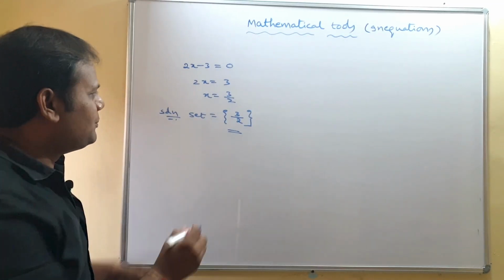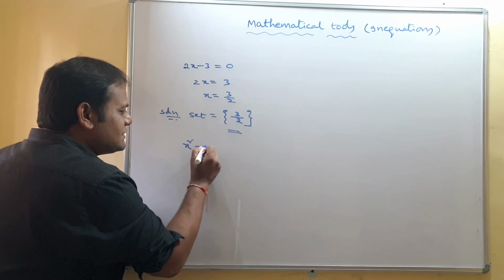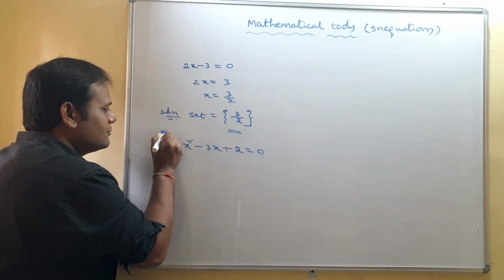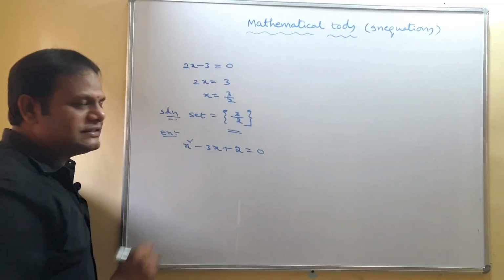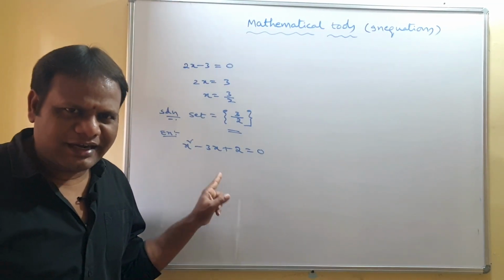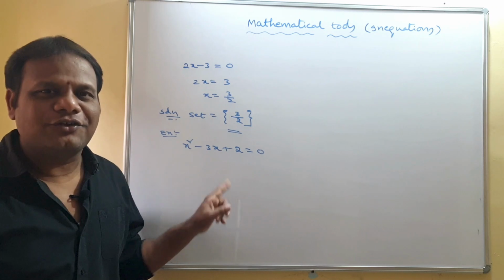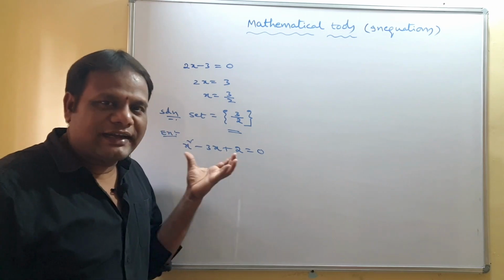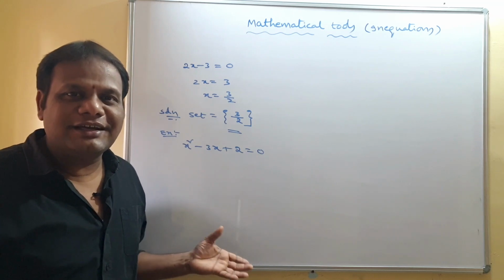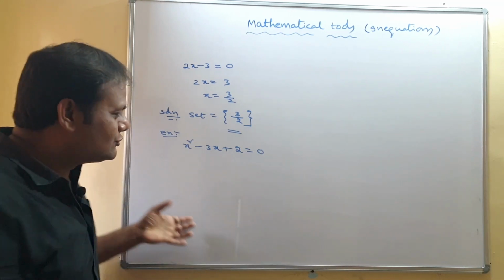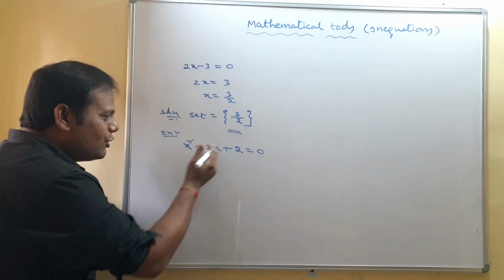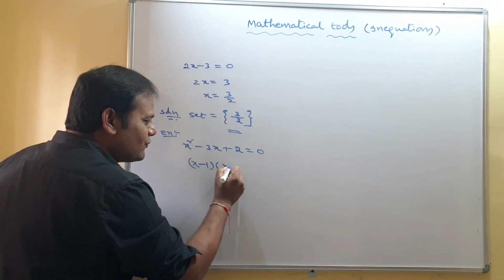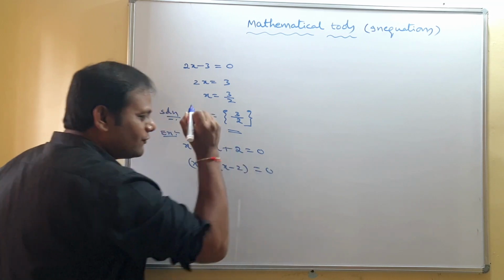Suppose one equation is x square minus 3x plus 2 equal to 0. You have to solve this equation. It is quadratic, so we do factorization and we can find the solutions. Then you get x minus 1 into x minus 2 equal to 0.